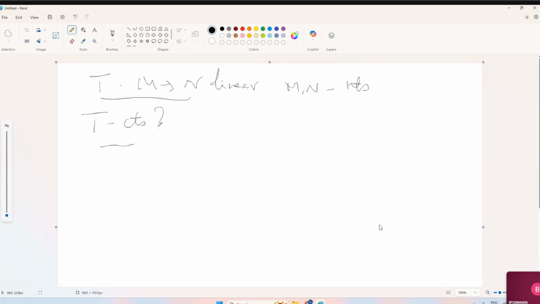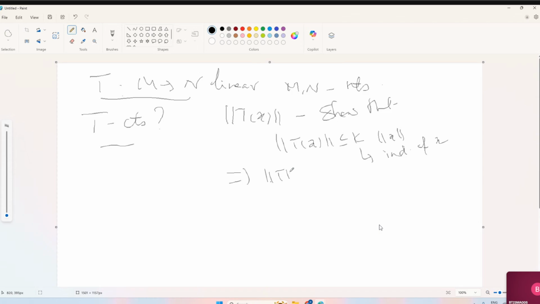That's one of the questions on which many people ask questions. For this, you calculate the norm of Tx and then show that this norm of Tx is bounded by some constant k times norm x, and this constant is independent of x. Then this will imply that the norm of T is bounded by k.